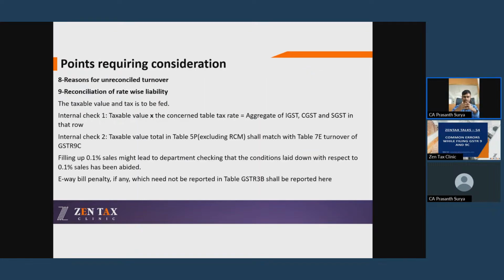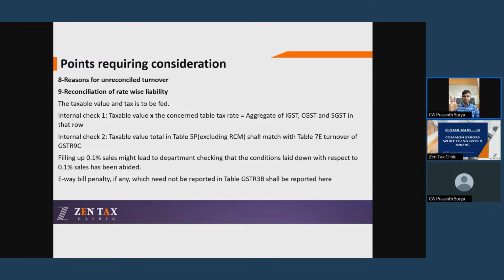Whatever you have given in GSTR9, if you can match the figures with GSTR9C, only then would you be allowed to file GSTR9C. If you have declared a liability of 10 lakhs in GSTR9, there is a separate column in every table asking what you declared in GSTR9, and you should give that here.